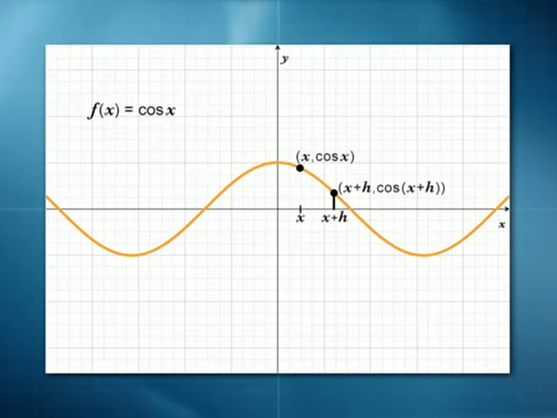All right, ask yourself the following. What's the slope of the line joining those 2 points? That slope is very close to the slope of the tangent line to that curve at x. Well, the slope, you remember from algebra, is the difference in the y values divided by the difference in the x values.